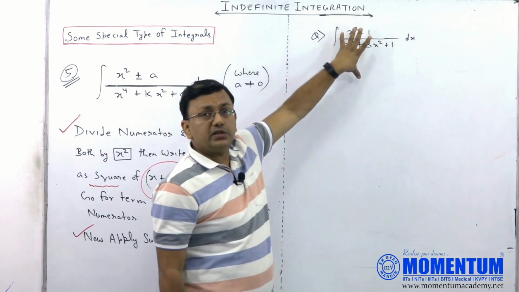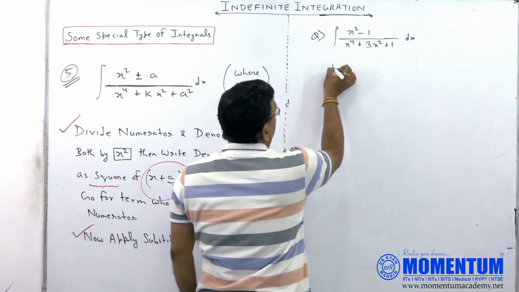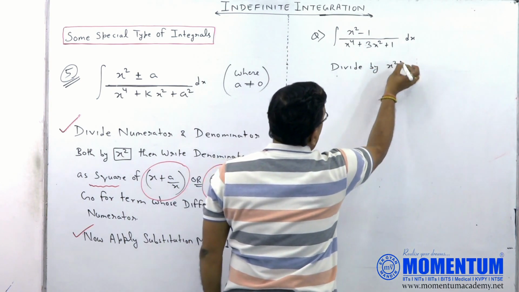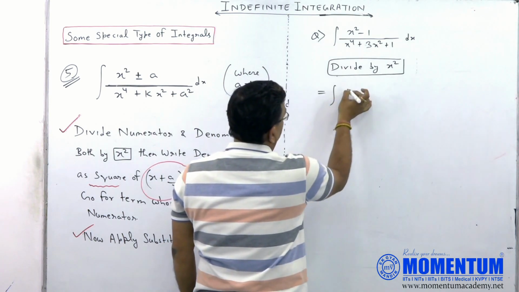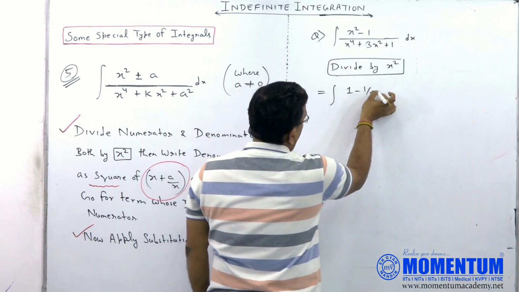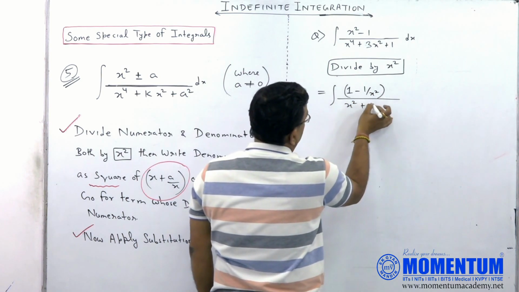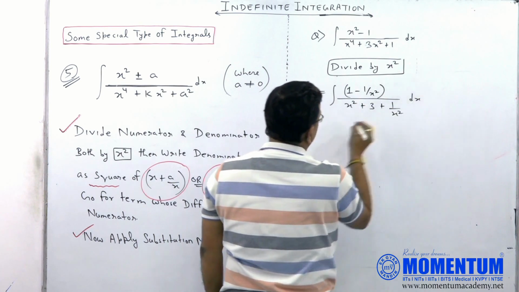Yes, it is a special integral number 5. How to make it? Divide by x to the power 2. So, integration of 1 minus 1 by x square whole divided by x square plus 3 plus 1 by x square.